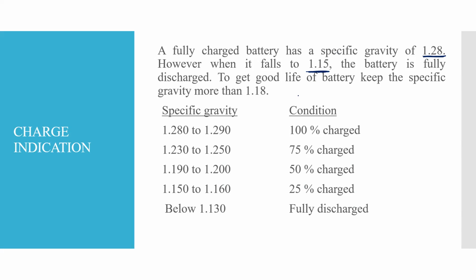Now, you should not allow your battery to fall below 25%. Never. In case of lead acid, you should not allow the battery level to fall below 25%. Or you can say, to get a good life of a lead acid battery, you should keep the specific gravity more than 1.18.